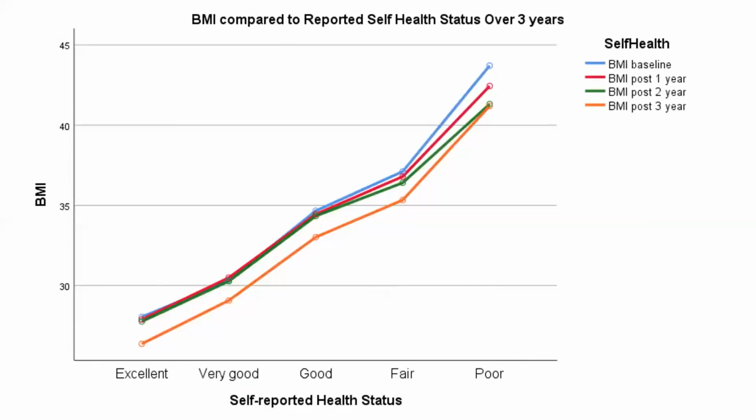As BMI rises, reported health status falls. The people that reported poor are the ones that had a high BMI, and fair, and so on and so forth. This is why you use a line graph, because it shows the data a little better graphically.